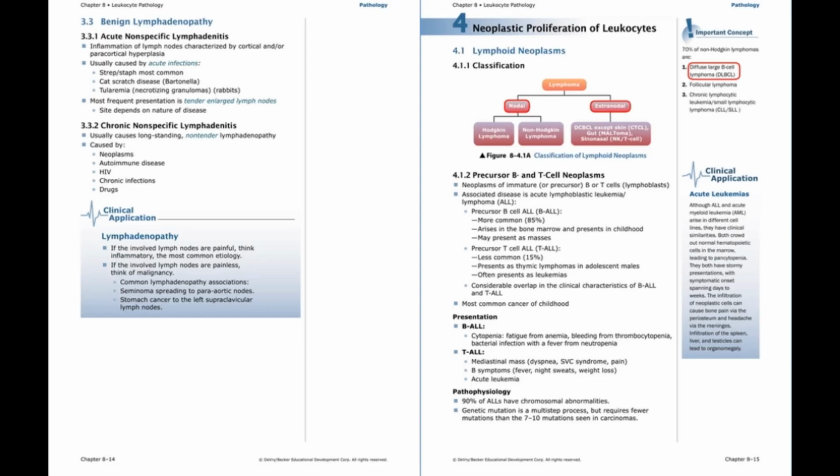So let's just take a look over at figure 8-4.1a, where we've divided our lymphomas into nodal and extranodal lymphomas, and note that in our extranodal lymphomas, we're expecting that mass to be a diffuse large B-cell lymphoma, except, and the exceptions include the stomach, where we're going to see the MALTomas, or marginal cell lymphomas associated with H. pylori, in the skin, where we expect them to be T cells, so-called cutaneous T cell lymphomas, and in the sinuses, where we find our natural killer T cell lymphomas.